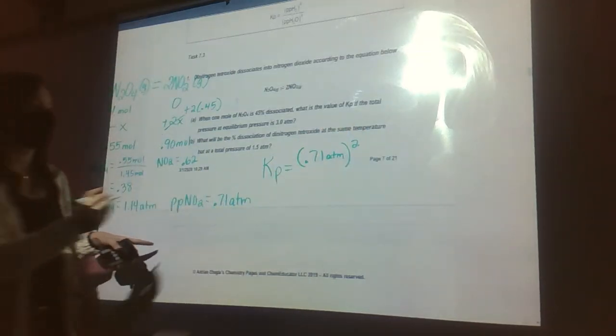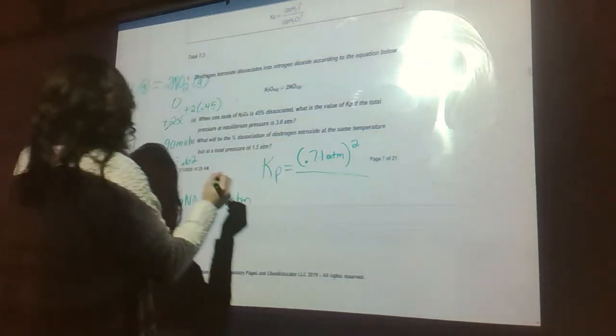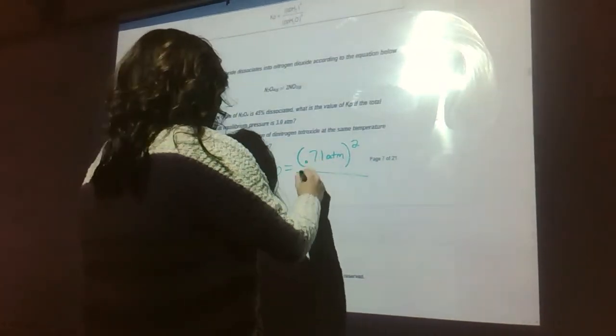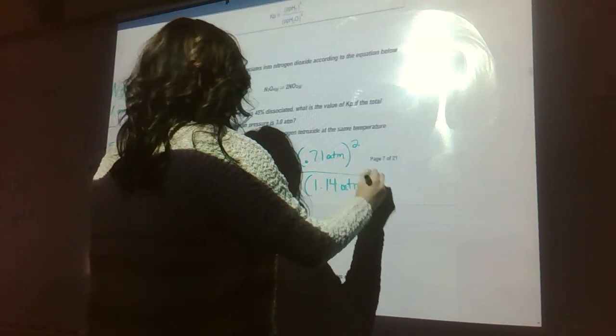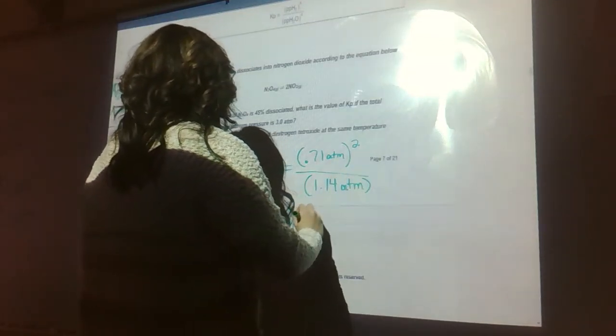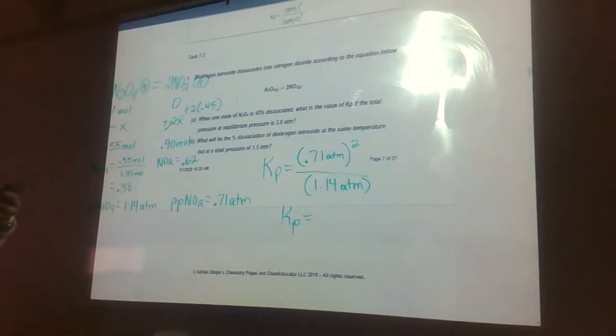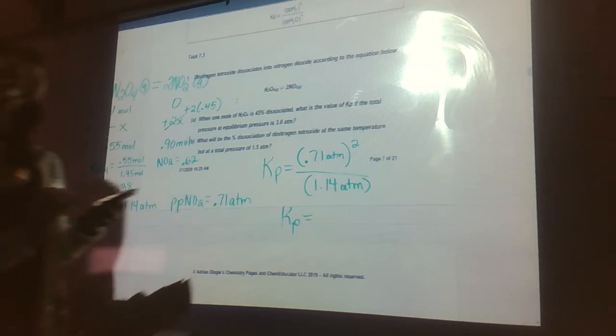See how I use parentheses because it's Kp, divided by the partial pressure of N2O4, which is 1.14. And I get a Kp value of 0.44.